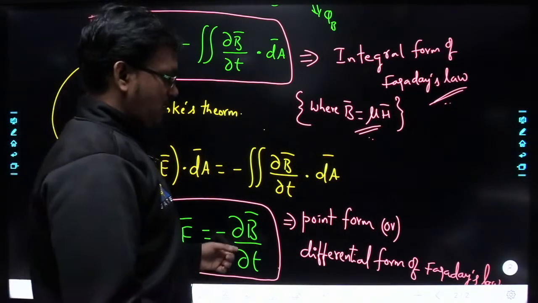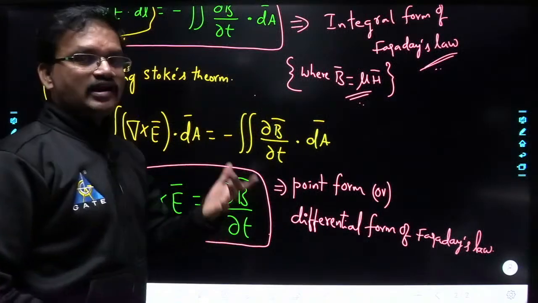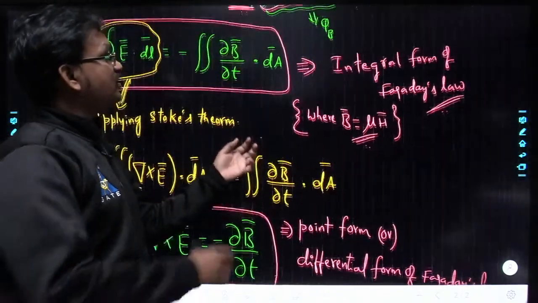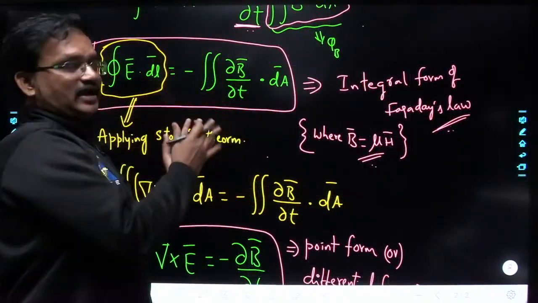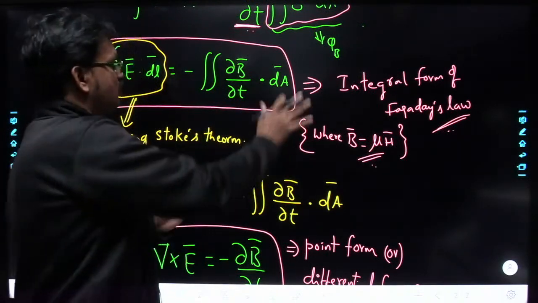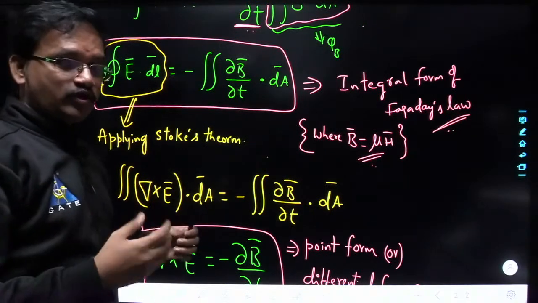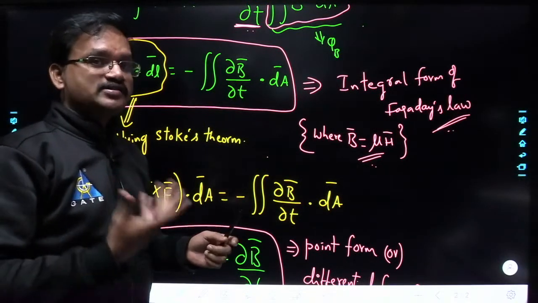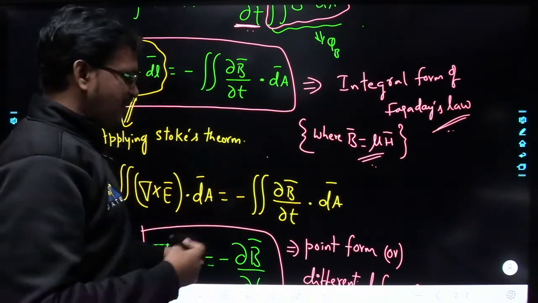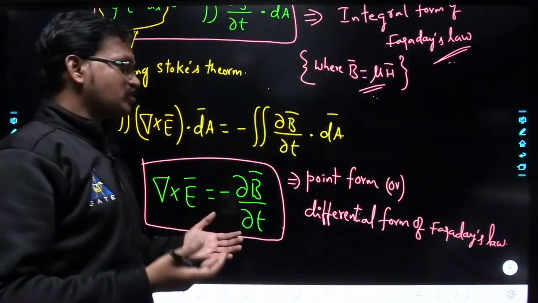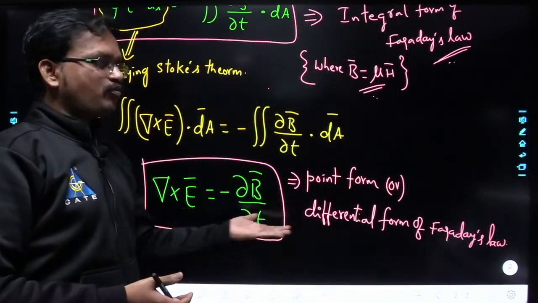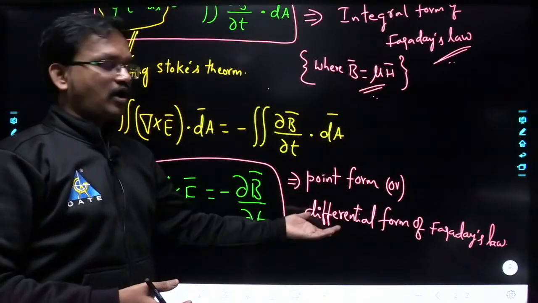Okay, we can get the intuitive feeling of Faraday's law in the integral form only. Here in the integral form we can easily understand Faraday's law. You can get the intuitive feeling of what this law is saying. But it is very difficult to visualize it in terms of point form or differential form.